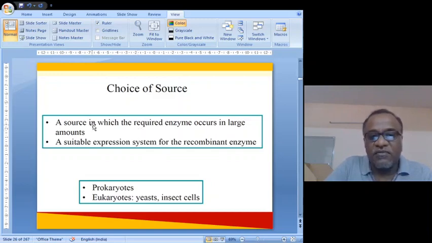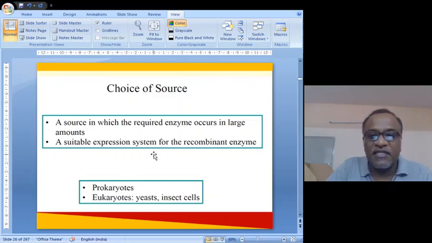So you should make sure that the source you have chosen has the required enzyme concentration, that is, in large quantity, and a suitable expression system for the recombinant enzyme. If it is a recombinant enzyme, there should be a suitable expression system. So it can be prokaryotes, eukaryotes, yeast, insect cells.